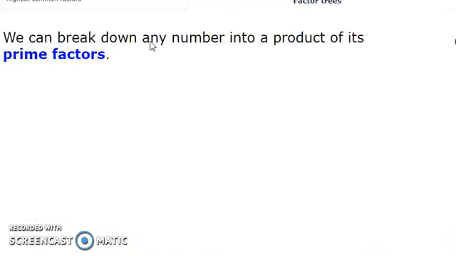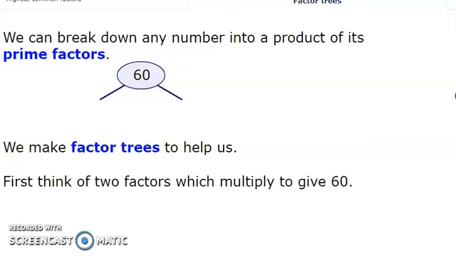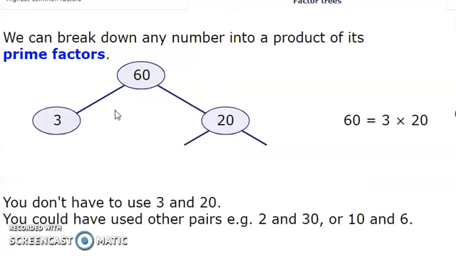We can break down any number into a product of its prime factors. For example, 60, we make a factor tree to help us. First, think of two factors which multiply to give 60. So 60 is 3 times 20.